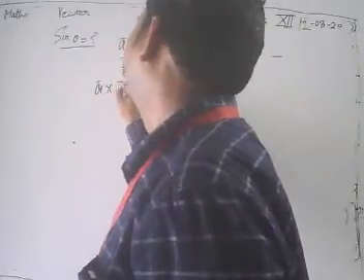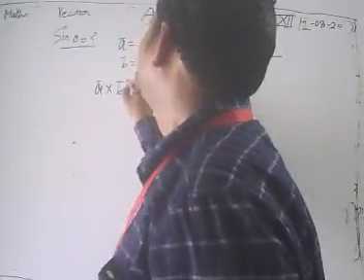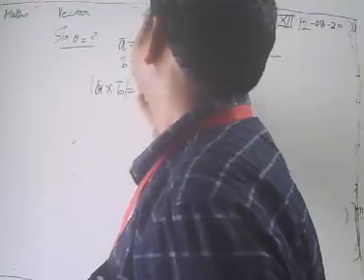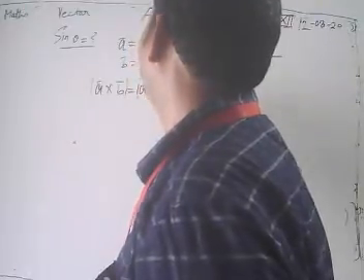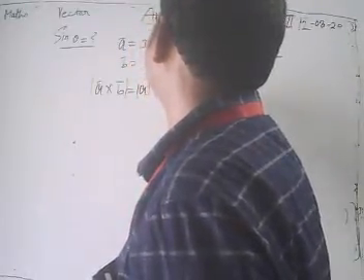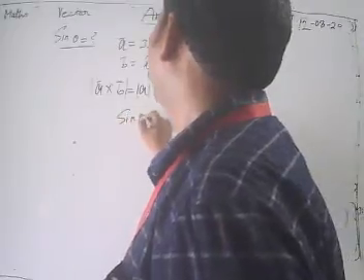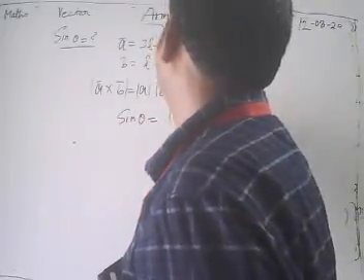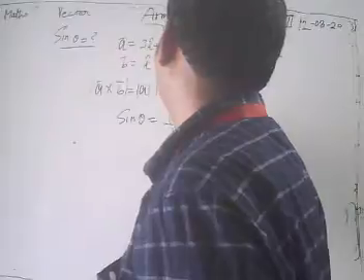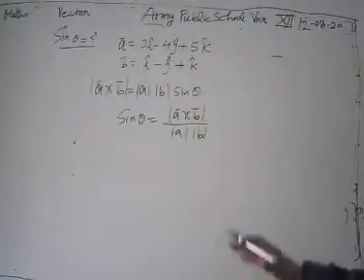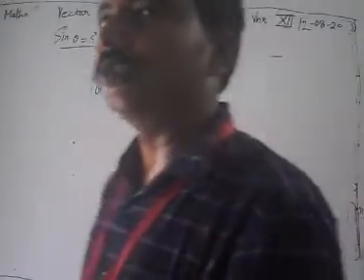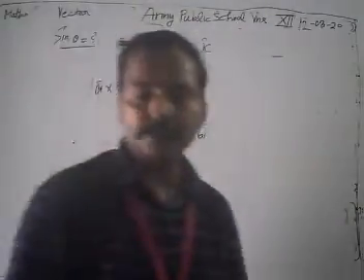How can we define it? Magnitude of A, magnitude of B, and sine theta. Then our sine theta is given by modulus of vector A cross B divided by modulus of A times modulus of B.